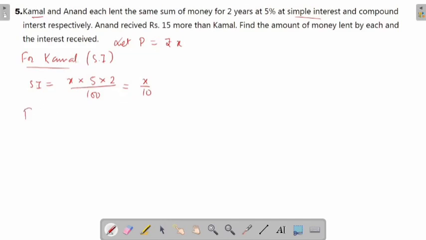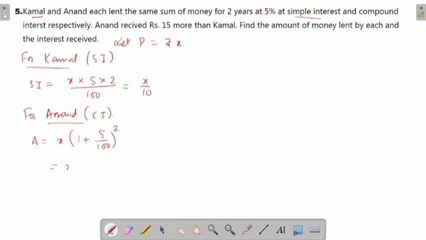Now for Anand, since he is opting for compound interest, first let's find his amount. Amount will be equal to P, principal is X, into 1 plus R by 100, that is 5 by 100, to the power N. N is the number of years, which is 2, right?